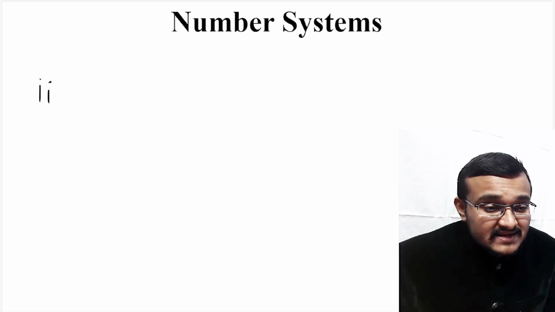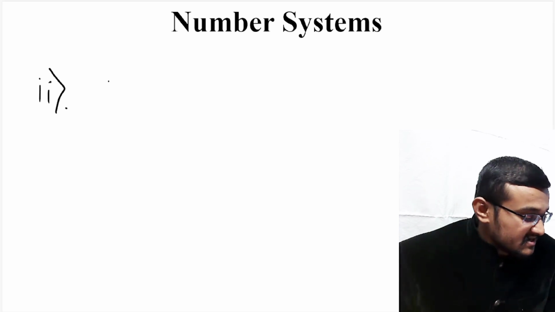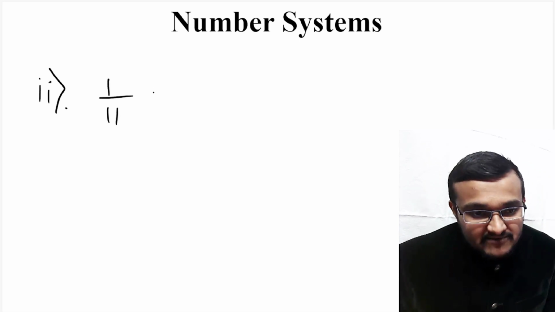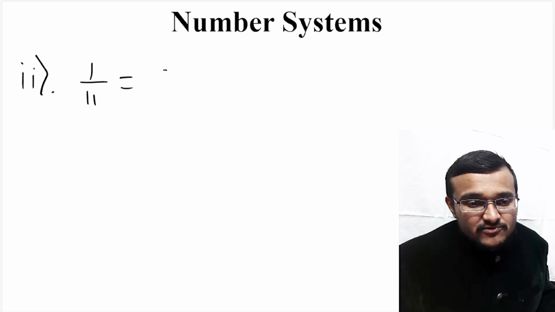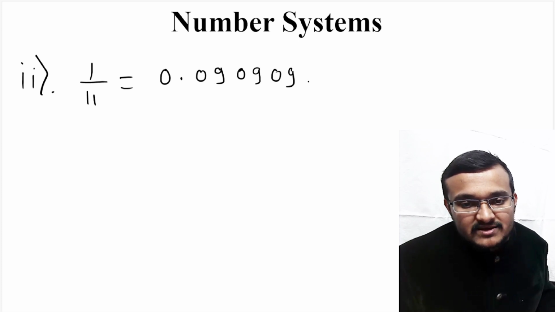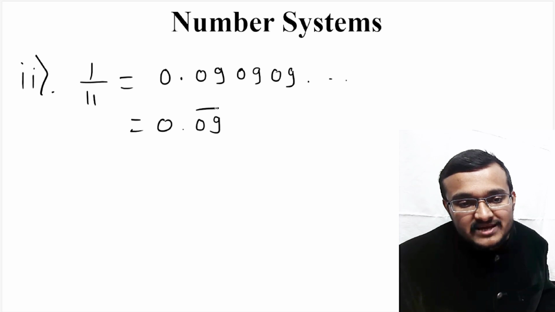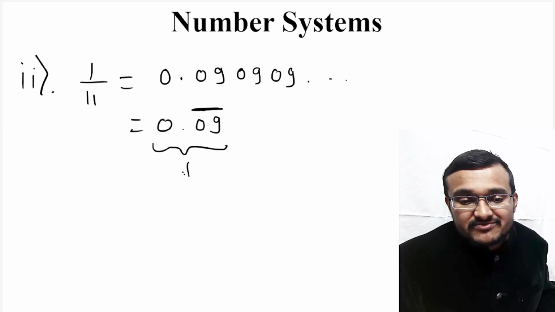Coming to the second question in the same first question, here they have given 1 by 11. When you calculate the value for 1 by 11, it is 0.090909, going on like this. That means here 09 is repeating. So this is not terminating decimal form.